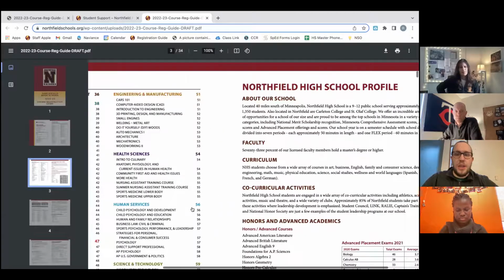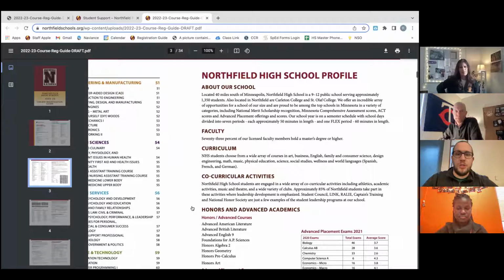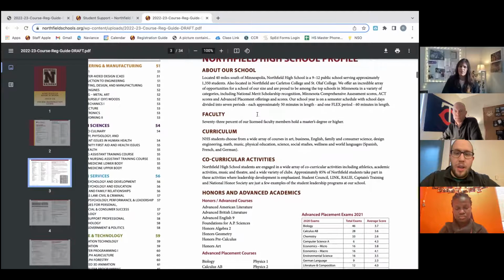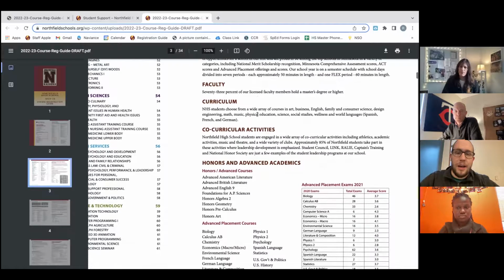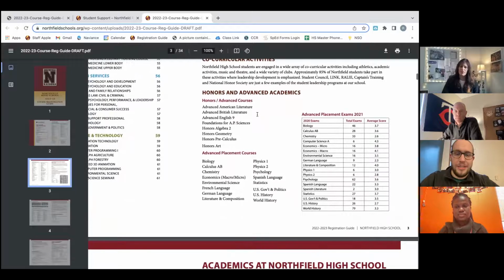On this page here, it's our school profile. The school profile will actually get sent to the colleges that you apply to, and it gives them information about our school. So when you think in the future about potentially applying to colleges, this will get sent off to the colleges you apply to. It explains a bit about Northfield as a town, a bit about our faculty, the curriculum that we offer, the honors and advanced classes that we offer.